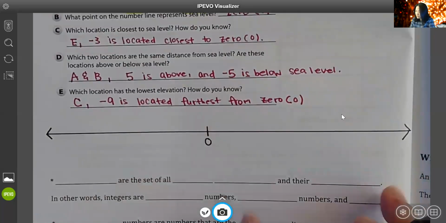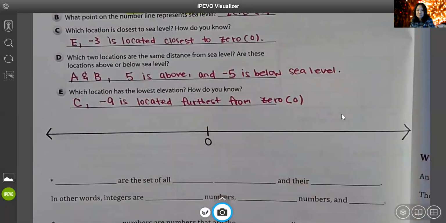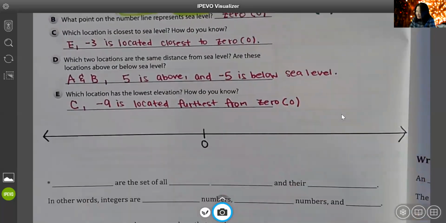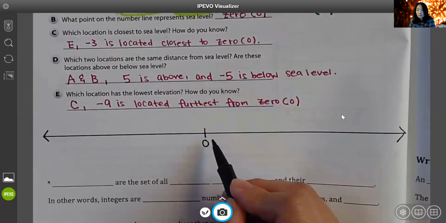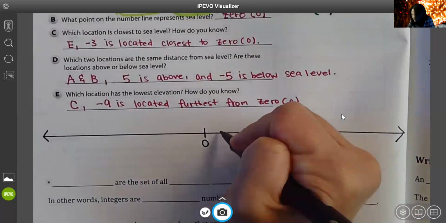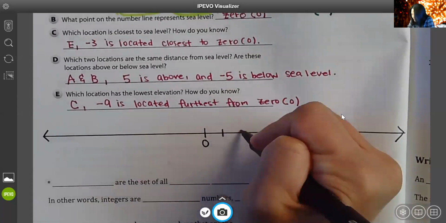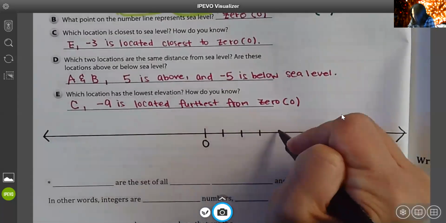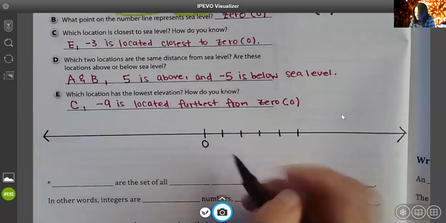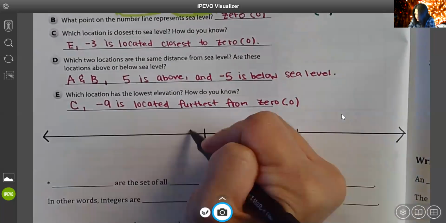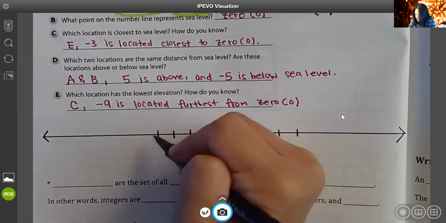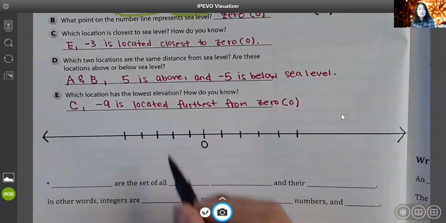I know that I have more space to the right here, it's okay. Now we're going to draw several dashes that are equidistant. Maybe we'll just do 5 to the right and also 5 to the left, and try your best to make them the same distance, okay?